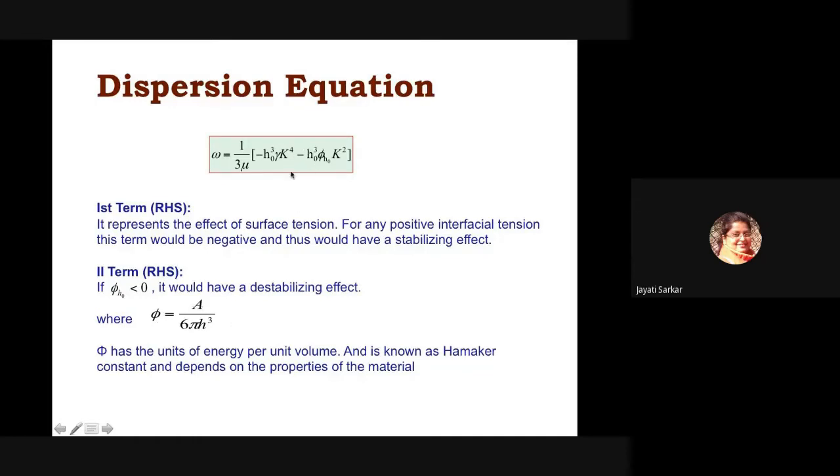So this will become positive. For this, what we need is the Hamaker constant to be positive, right? So in those films where the Hamaker constant A is positive, this will lead to instability in the system.